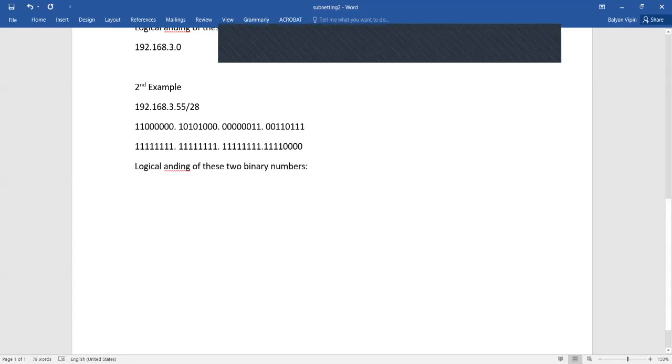You can see that these three remain the same. So these three depend on the top number because the bottom number is 1 everywhere. And in logical AND, the answer depends on the number which is not 1, if one of them is 1 only.